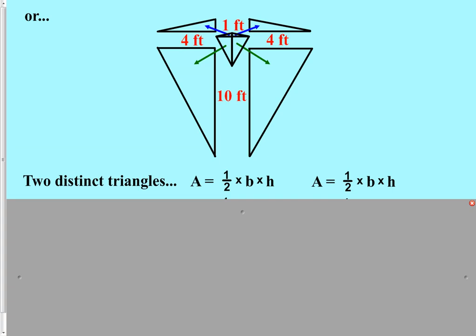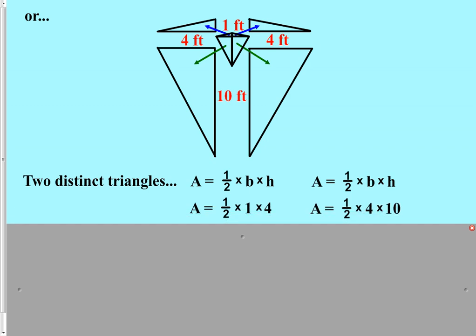Now, you need the exact same information to work these formulas as you did to work the diagonal formula. It's kind of curious that they want you to go through the long way on this. But the 2 different triangles that are there, we have one of them that has a base and a height of 1 and 4, and another that has a base and a height of 4 and 10.